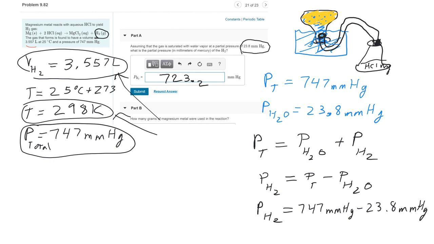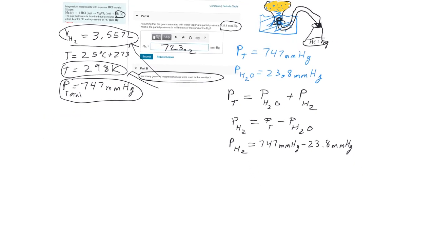They're wanting grams of magnesium. We don't know anything about the magnesium used in this experiment other than we can quantify the hydrogen product. So let me step out what we're going to do here to get part B's answer.